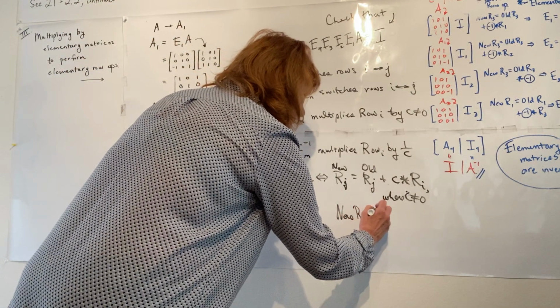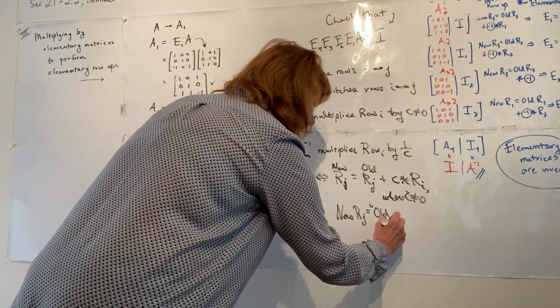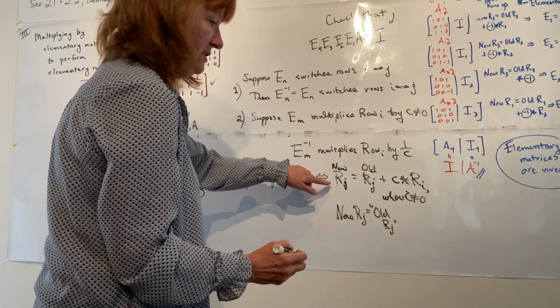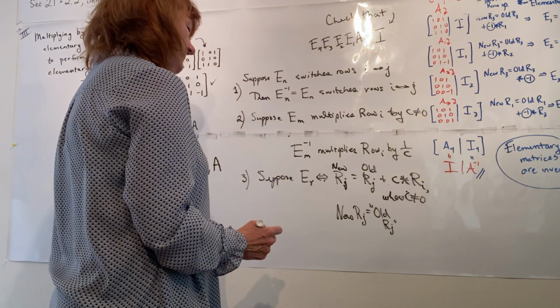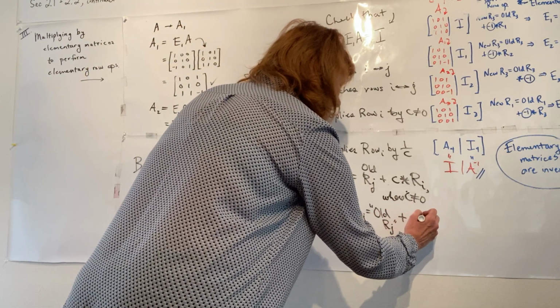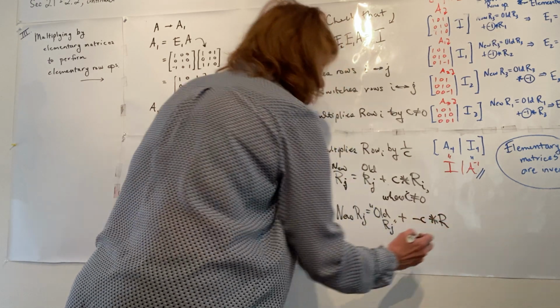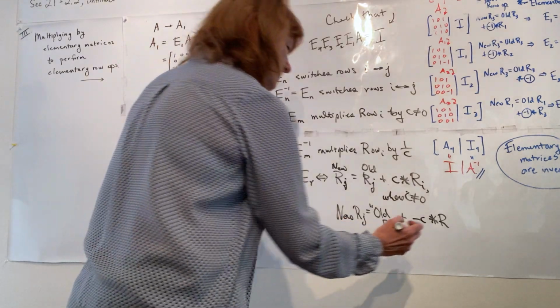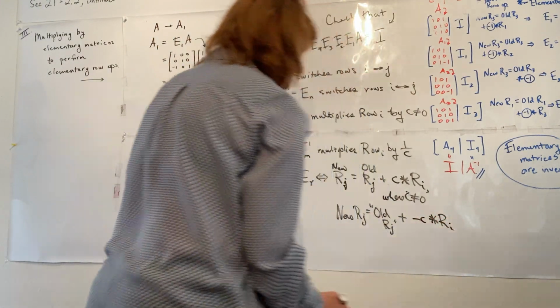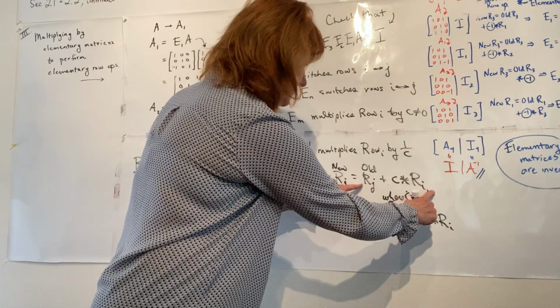So it would be equal to the old row J, just been switched, and adding to it negative C times row I. By old row J in quotes, I mean this one.